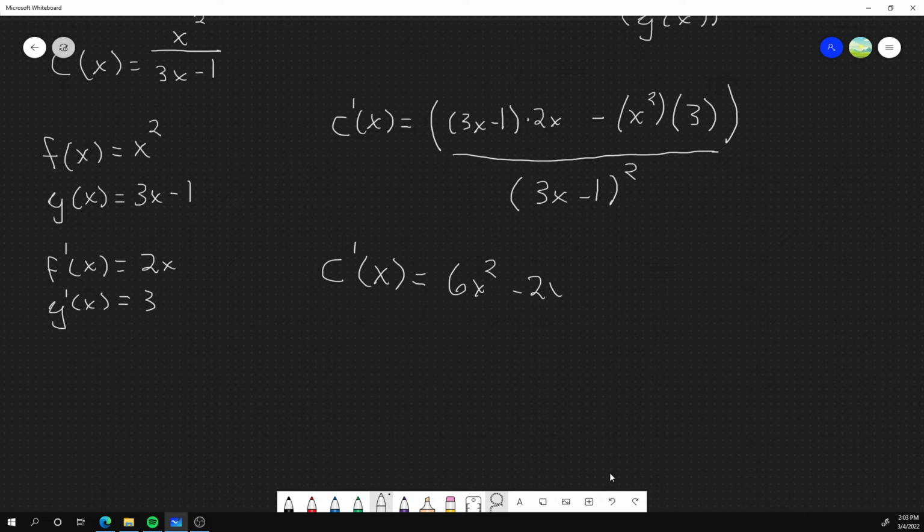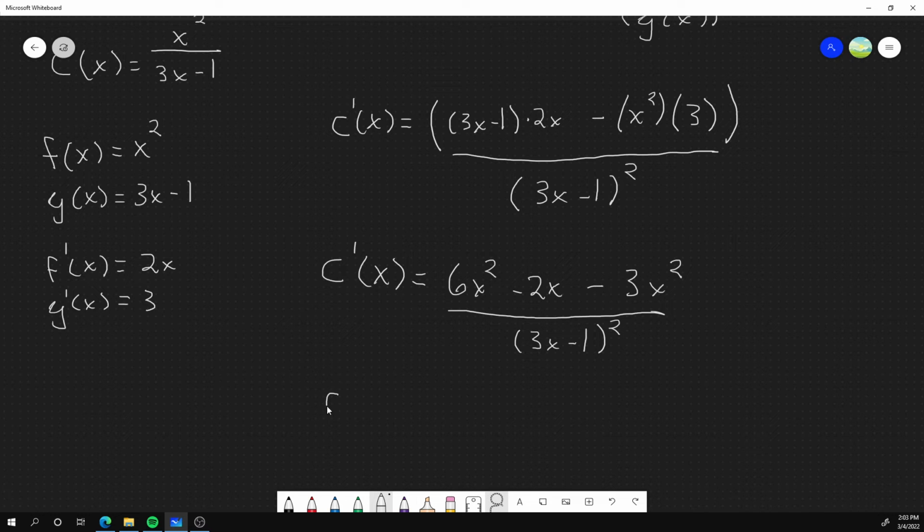And now we have minus x squared times 3, so that's 3x squared. We do have like terms in the numerator, which makes things nice. And in the bottom, we have 3x minus 1 squared.